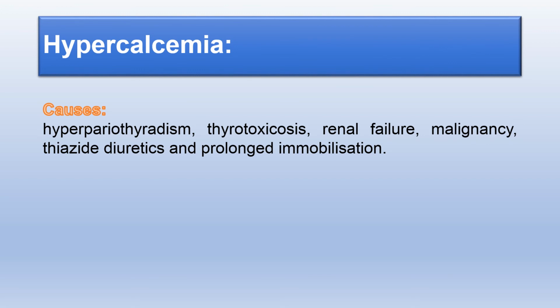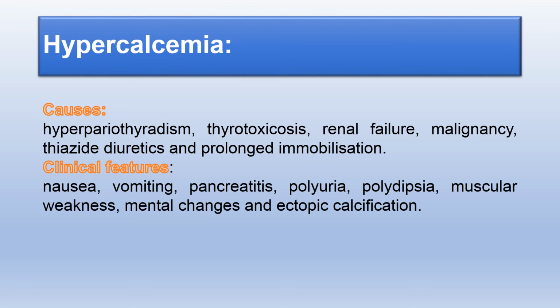Hypercalcemia causes: hyperparathyroidism, thyrotoxicosis, renal failure, malignancy, thiazide diuretics, prolonged immobilization. Clinical features: nausea, vomiting, pancreatitis, polyuria, polydipsia, muscular weakness, mental changes, and ectopic calcification.